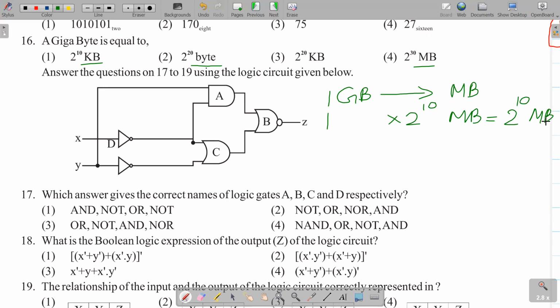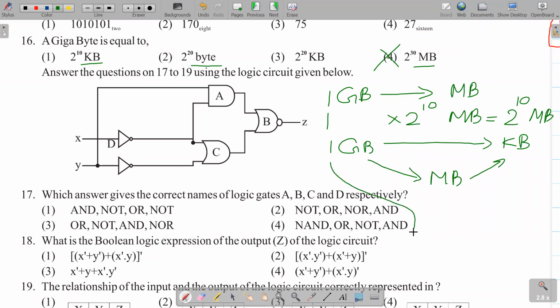So this is not the correct answer. And then if you are going to convert a gigabyte into kilobyte, gigabyte goes to the megabytes and megabytes go to the kilobytes. So this is 1. You can take 1 as 1.